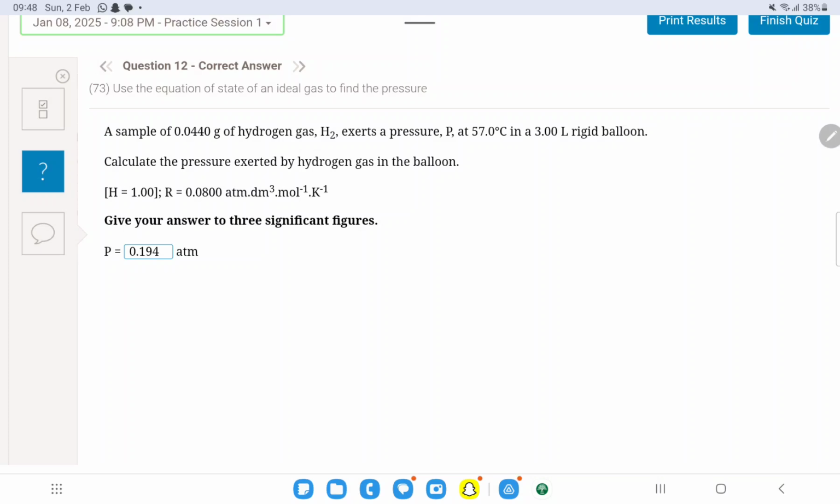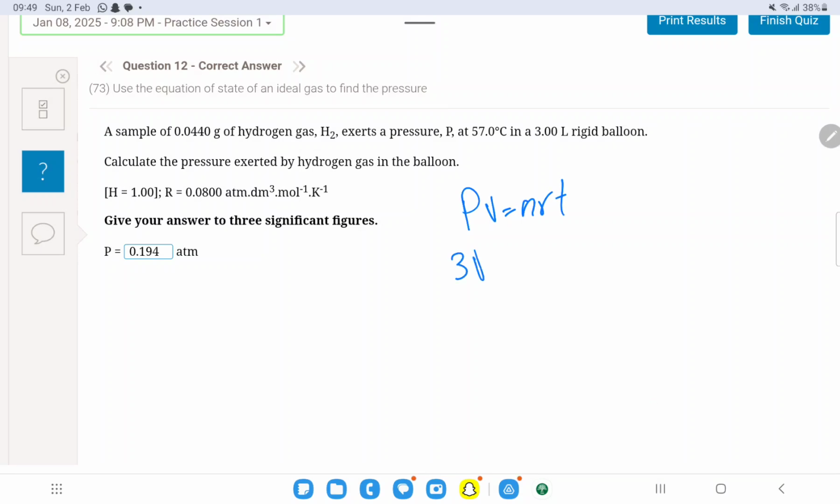For this question, a sample of 0.0440 grams of hydrogen gas H2 exerts pressure P at 57 degrees Celsius in a 3 liter rigid balloon. So we do PV equals nRT.